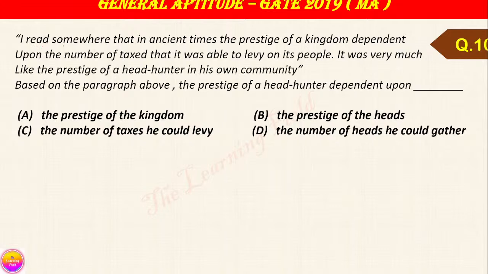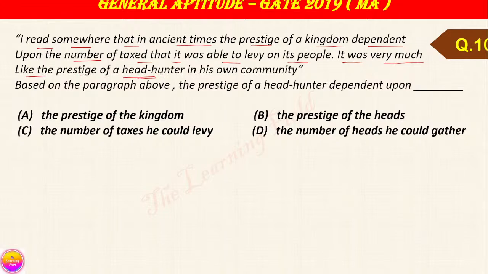Okay, so the question says: I read somewhere that in ancient time the prestige of a kingdom depended upon the number of taxes that it was able to levy on its people. Okay, so it was very much like the prestige of a headhunter.